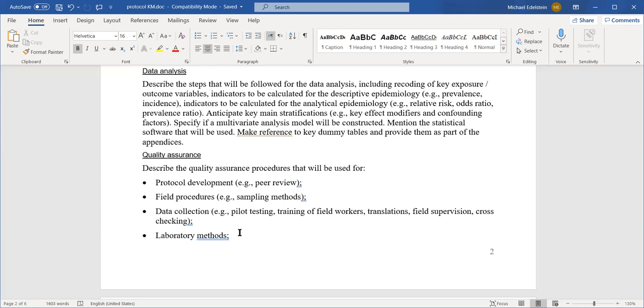We'll come to dummy tables later. Dummy tables are a really good tool. At this stage, you're already thinking about your paper, your outcome, and you build the tables that you want to see. There's no data yet, but you can start seeing.